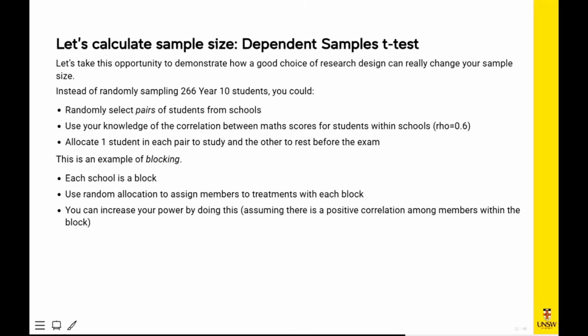And what happens when we do this is that we can increase our power, assuming there is a positive correlation amongst the members of that block. And we do know that the correlation amongst math scores of students within a school is positive 0.6. So we can capitalize on the fact that we know that there is that correlation by changing our research design just a little bit.